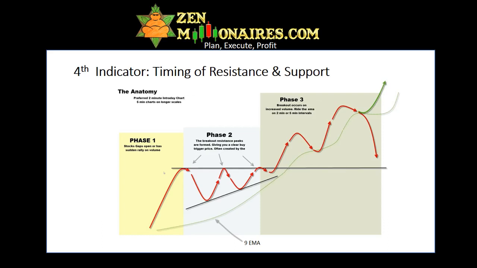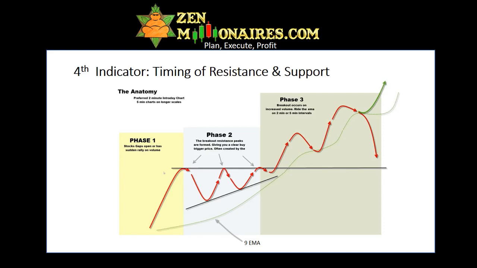On phase two, it starts to get closer, but the breakout hasn't happened yet. So it creates a trend of the Fibonacci pattern, but then when it leads to phase three, that's when the breakout occurs. And then the increased volume, that's when you start riding the EMA in the 2-minute or the 5-minute intervals. So this is what creates the trend of the resistance and the support.